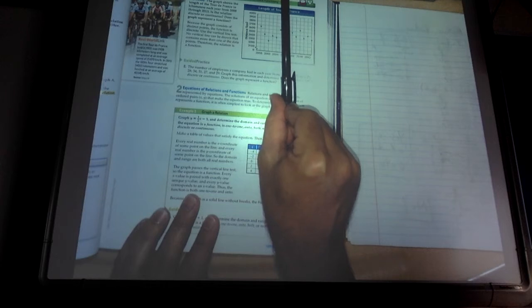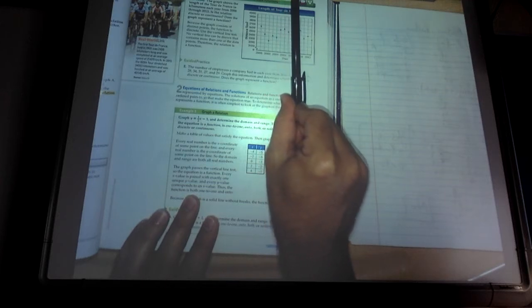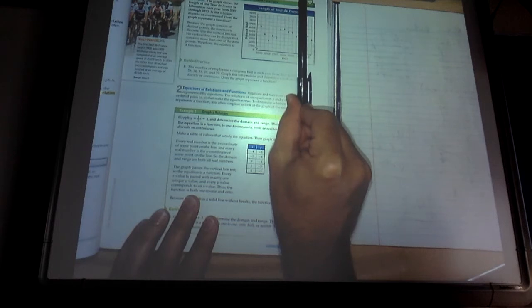Now these two are close, but again, they're not on the same x line. That's what my pen represents, so we're good. Only one dot touching my pen, only one dot, only one dot. So this would represent a function, and then we could go draw it up and try to figure out if it was one-to-one or onto or both, but they didn't ask us to do that. That's something that we could do.